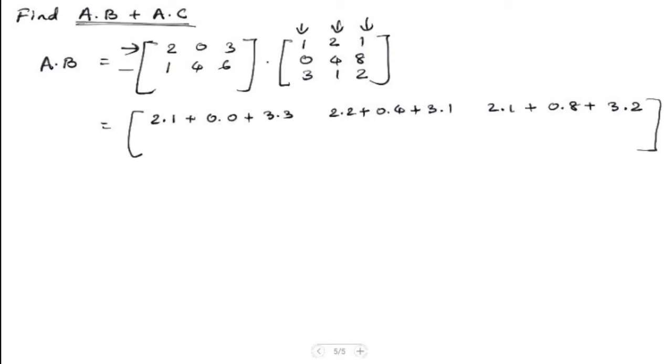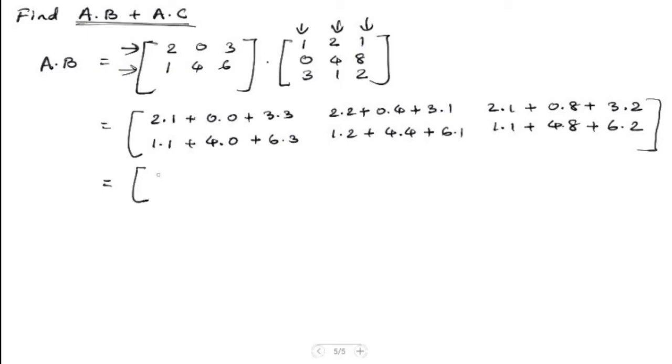Okay, now we go with the second row and again with all the columns now. So we have here 1 times 1 plus 4 times 0 plus 6 times 3. Then we have here 1 times 2 plus 4 times 4 plus 6 times 1. And then we have 1 times 1 plus 4 times 8 plus 6 times 2.